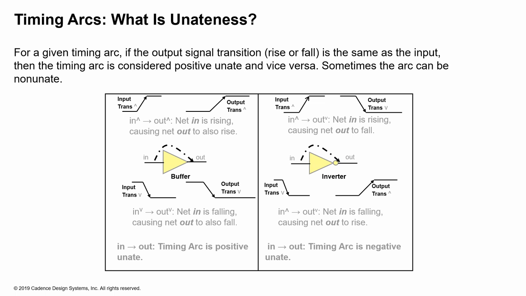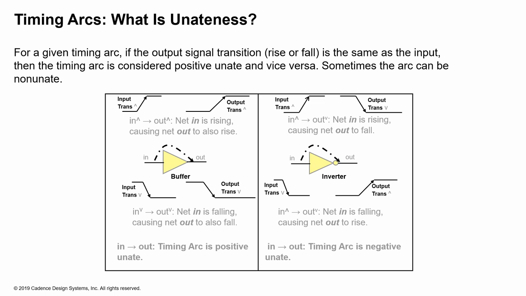If you look at the inverter, when the input is rising, the output is falling, and when the input is falling, the output is rising. So the transition is the opposite of the input transition. Therefore, this is considered negative unate.